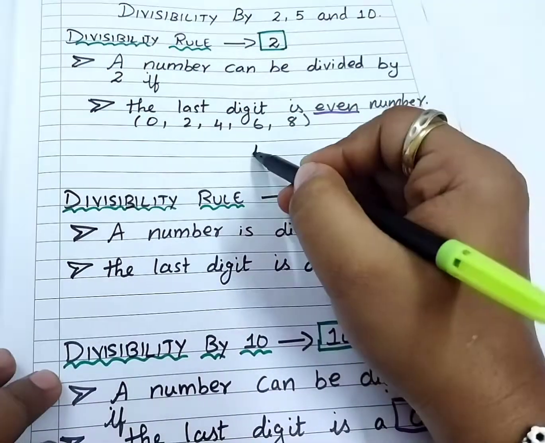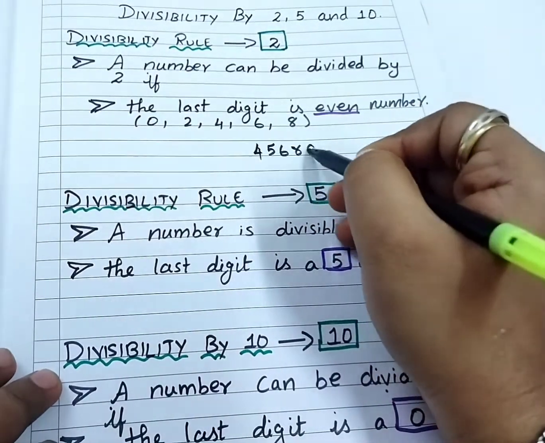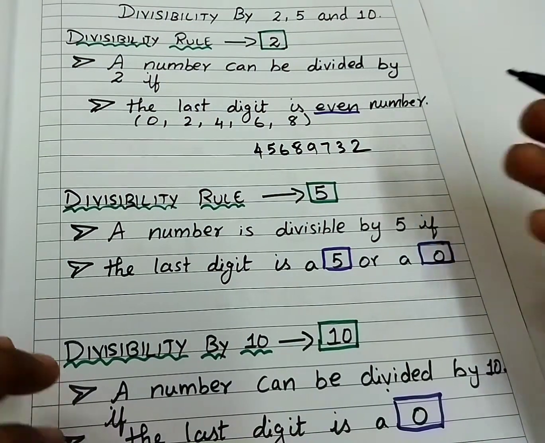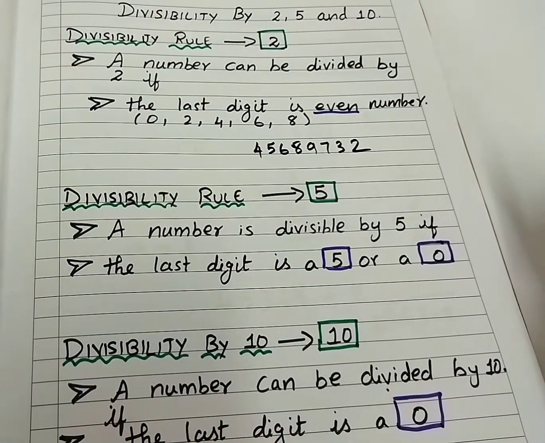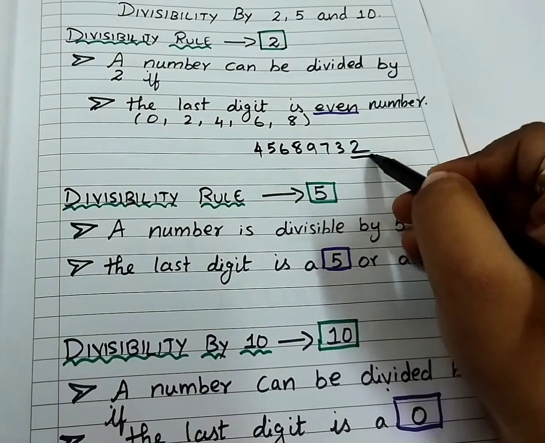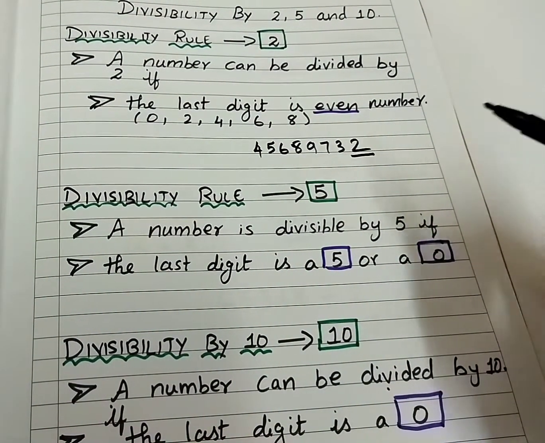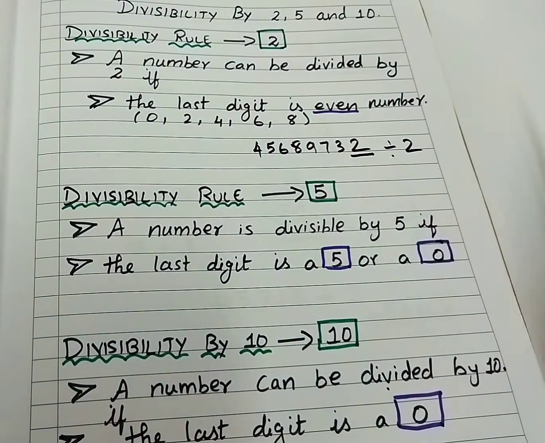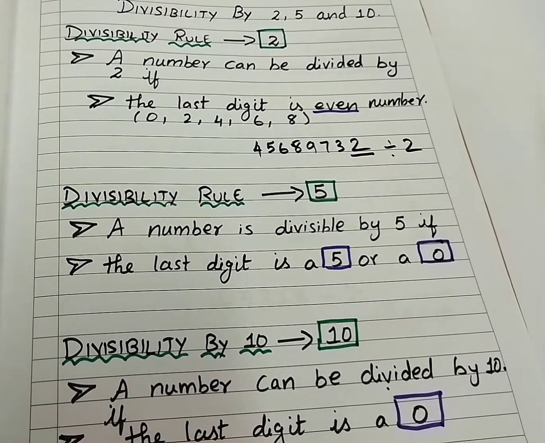For example, if they are giving 4, 5, 6, 8, 9, 7, 3, 2, tell me whether this number is divisible by 2 or not. Immediately you can see the ones place, the unit digit. If it is an even number, definitely this number is divisible by 2.